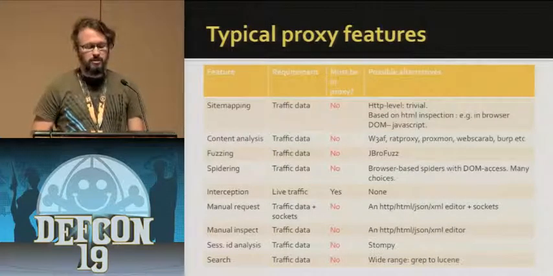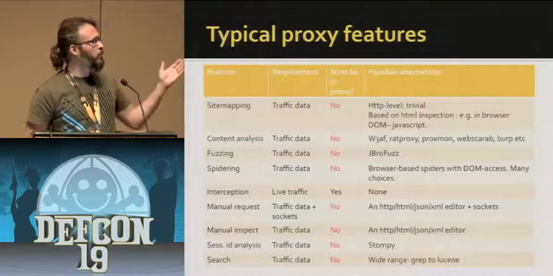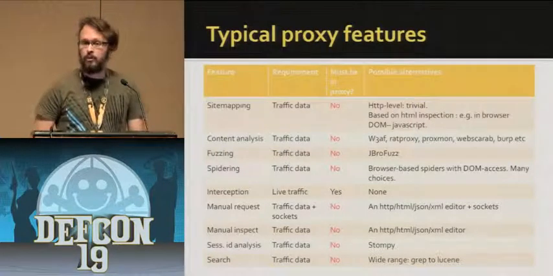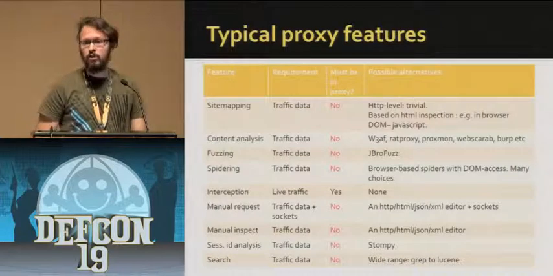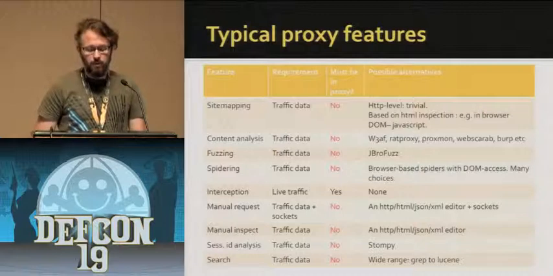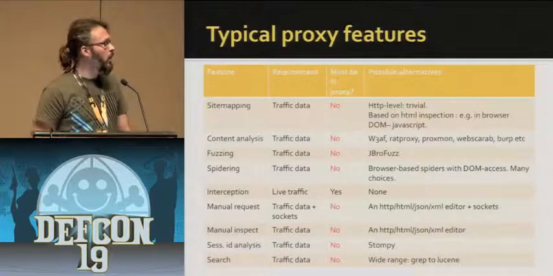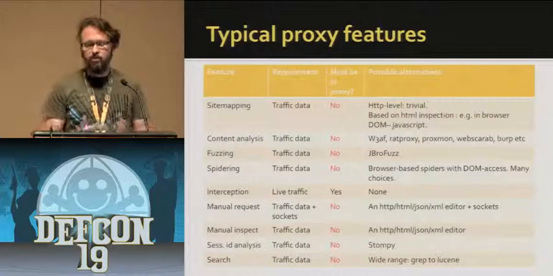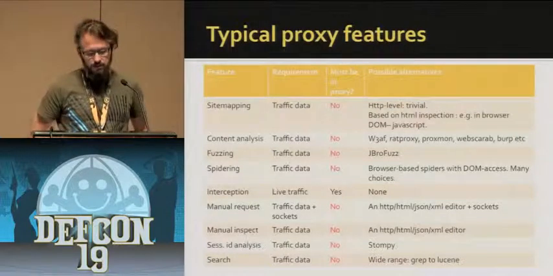And in most cases, you can leverage these features from different tools than the intercepting proxy, as long as you have access to the collected data or the stored data within the communication. Obviously, you can't intercept. You have to have the intercepting functionality within the proxy itself.